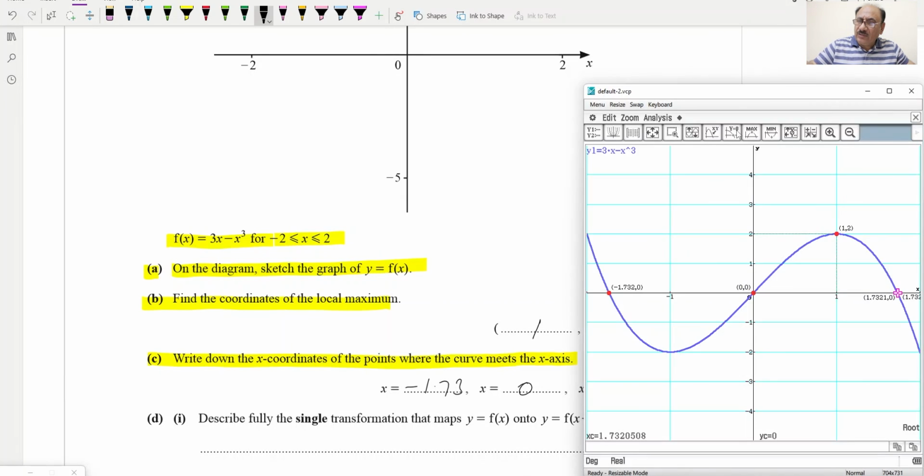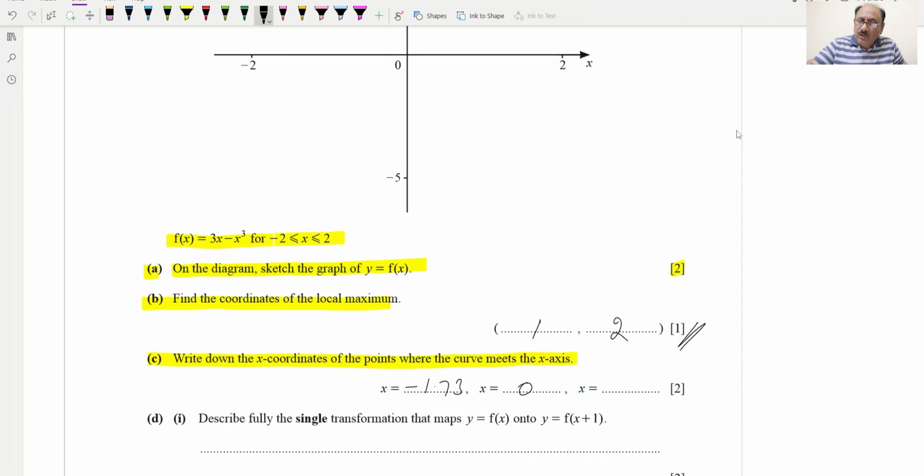We have seen that one. Next is 0, and the third one is 1.73. So we will write 1.73 for the third one. These are the x-intercepts which we have written.